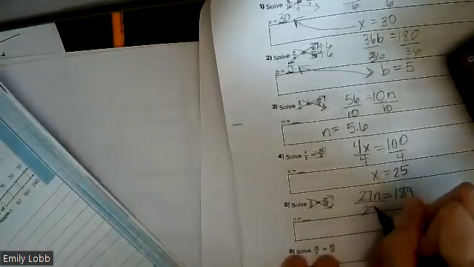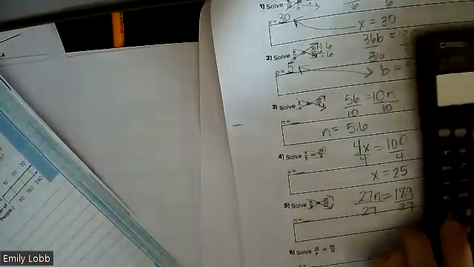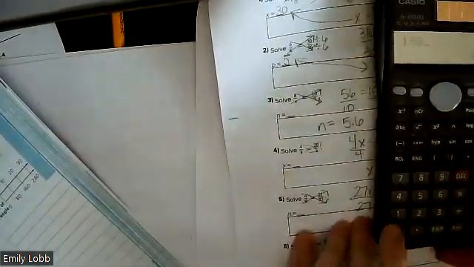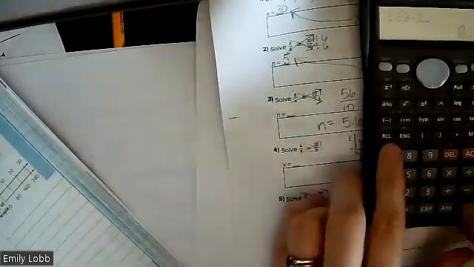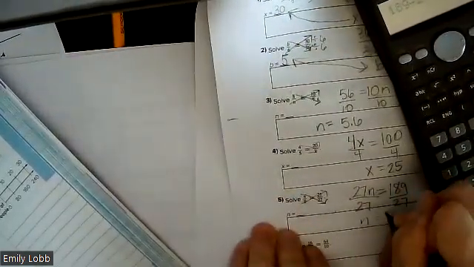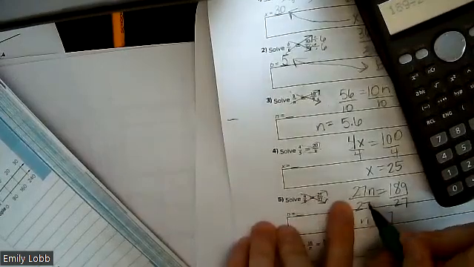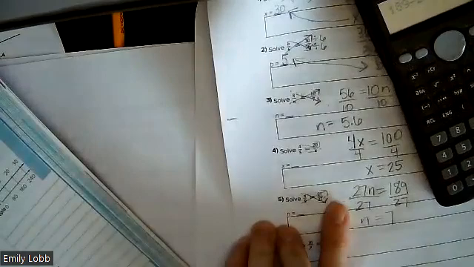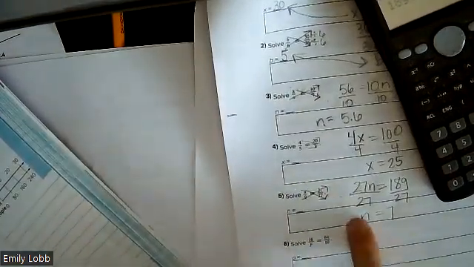So what are we dividing by here? 27. That fraction bar, you need to know by now, means divided by. 189 divided by 27 is 7. So n is equal to 7. The reason we divide by 27, remember, is because any number divided by itself is 1. We want to know what 1n equals.